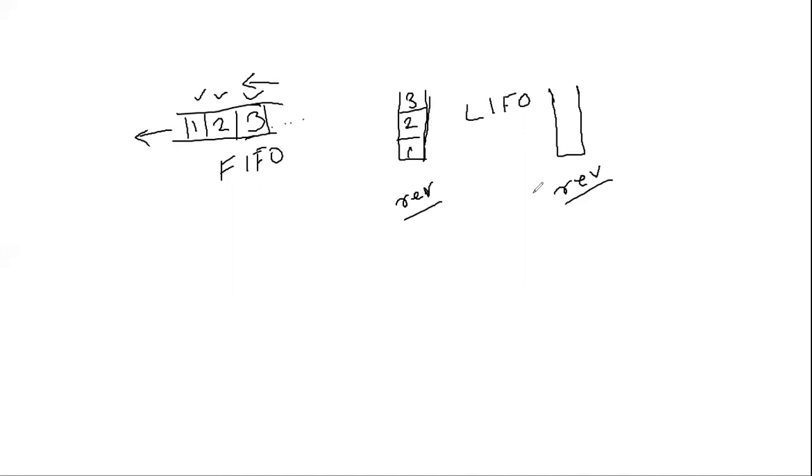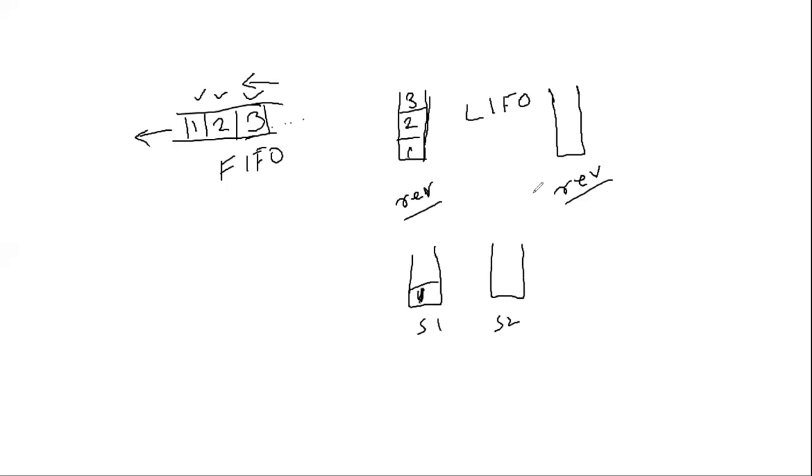So now the question is, to push, what will we do? Let's simulate some examples. First we start with 1. So this is my stack 1 and this is my stack 2, for example. So 1 came, and you are asking me to put 1 in S1, right? Okay, let me put it here.